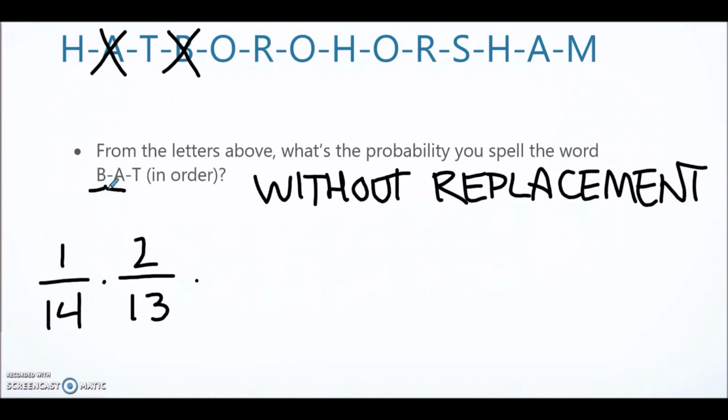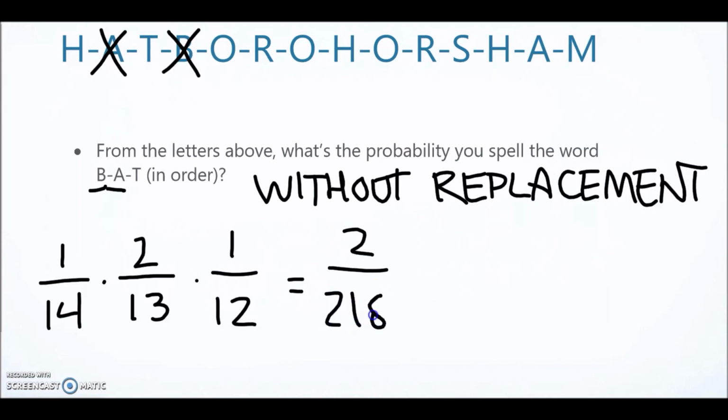Now we need to pull that third letter, the T, and there is 1 T out of 12 letters. Multiply straight across, 1 times 2 times 1, and 14 times 13 times 12. 2,184.